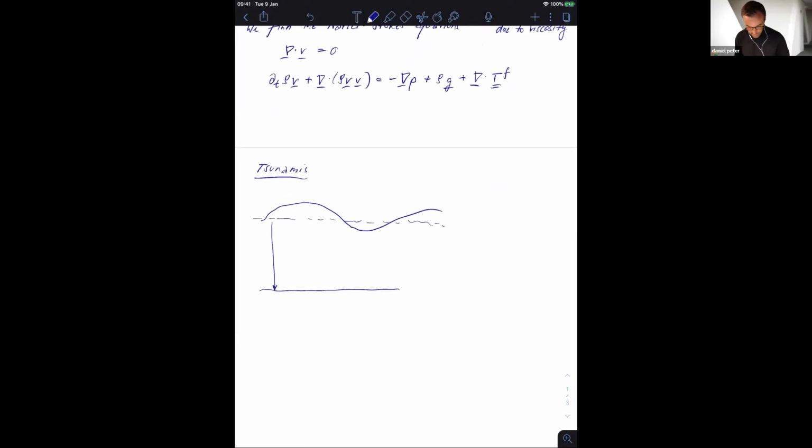We can call that H. And then what we want to model is basically these small perturbations of the sea level. We can call these P. It's the wave height basically, in 2D depends on X and Y.